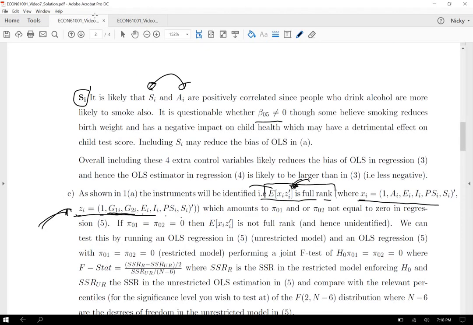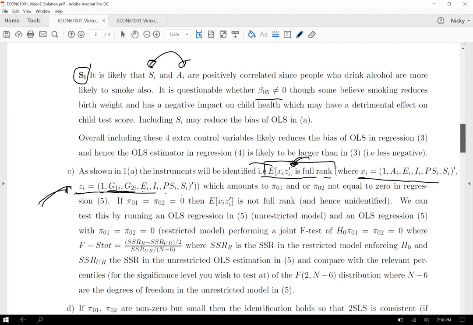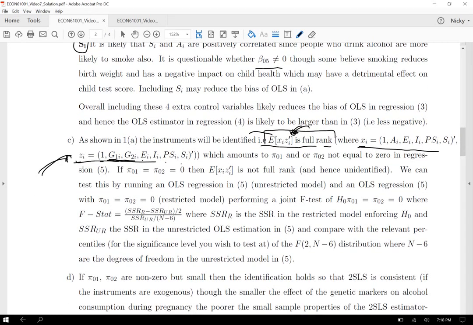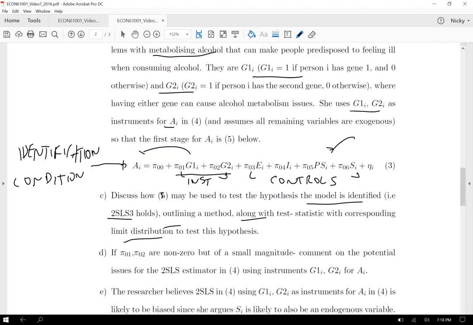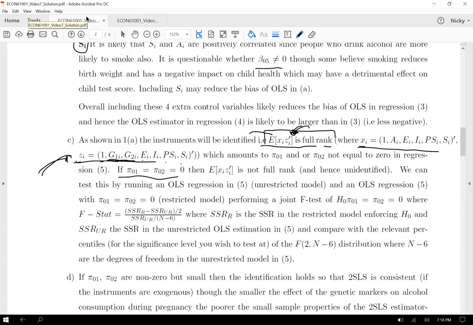This was one of the questions in the lecture 7 tutorial. So to test identification, we do a joint test that both of the genes have no effect in the first stage, that pi naught 1 and pi naught 2 are equal to naught. In this case, this would not be full rank, and it would be unidentified. The consistency would break down.